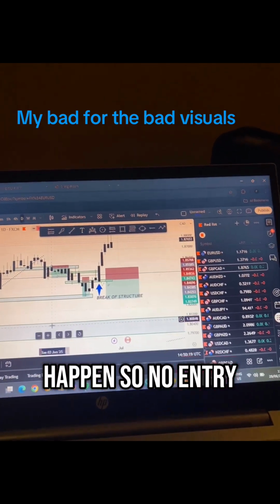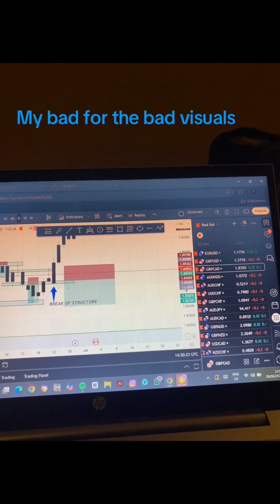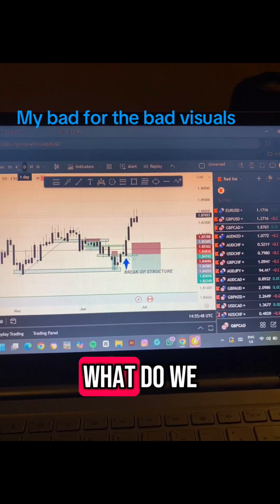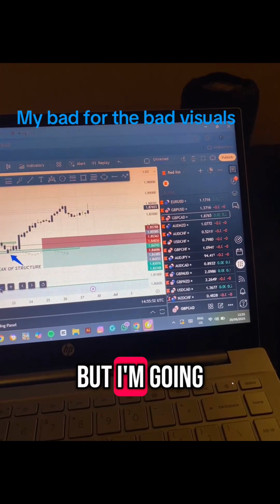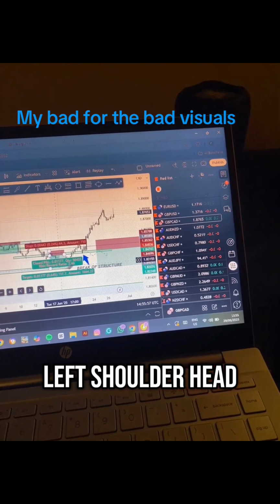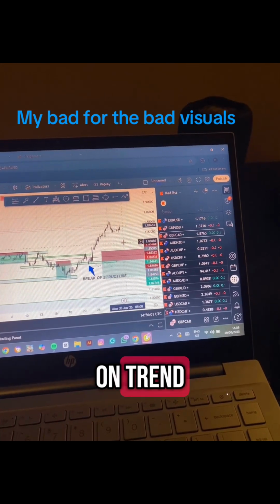So no entry, nothing. From the 4 hour, we see the inverse head and shoulders pattern occurring again, the left shoulder, head, right shoulder. Then price continues our trend.